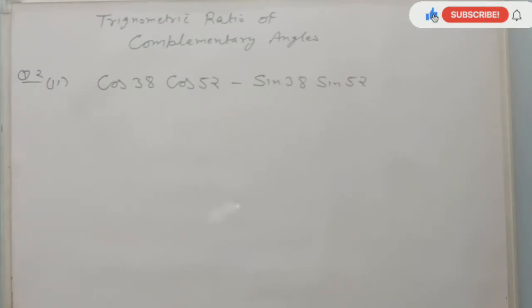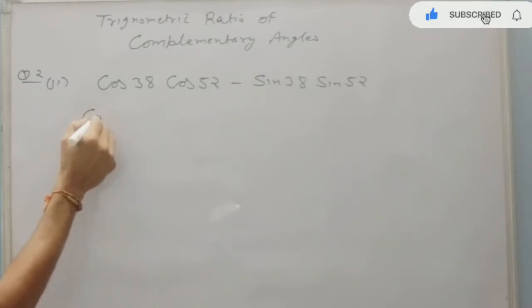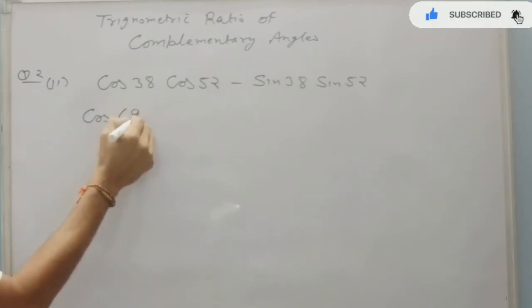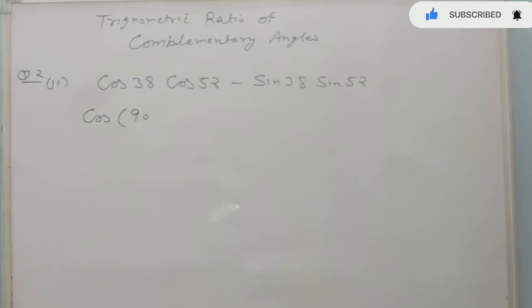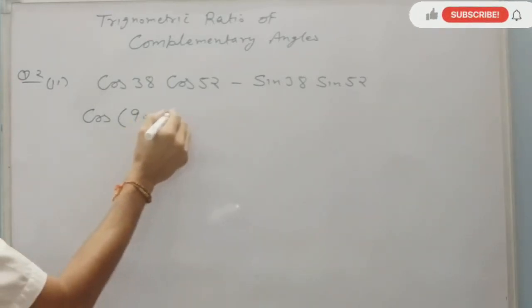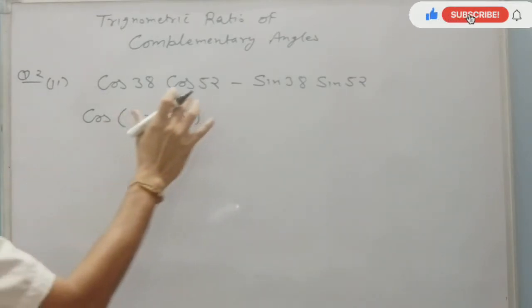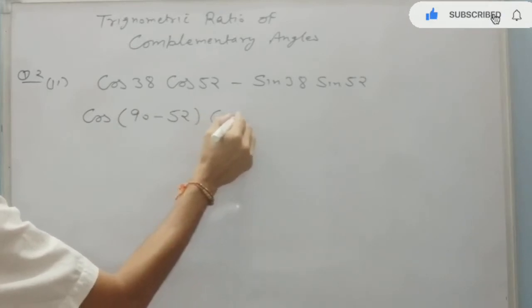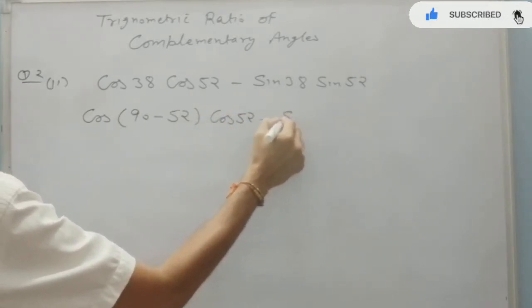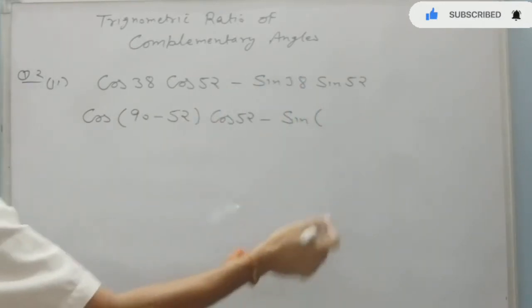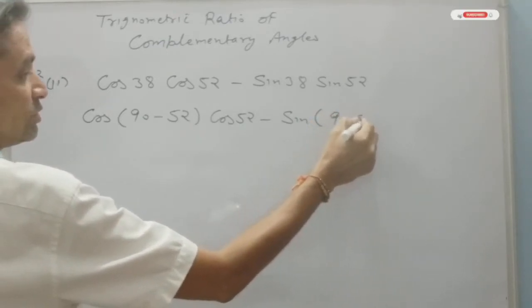Now I have to prove that it will be equal to 0. Again, cos 38: how much do I subtract from 90 to get 38? So I will have to subtract 52. Because there is a 52, I will not change it. Cos 52 is as it is, minus sin, again it is 90 minus 52.